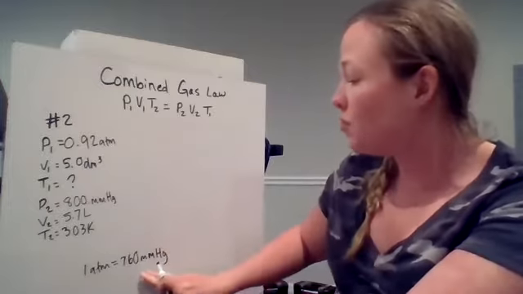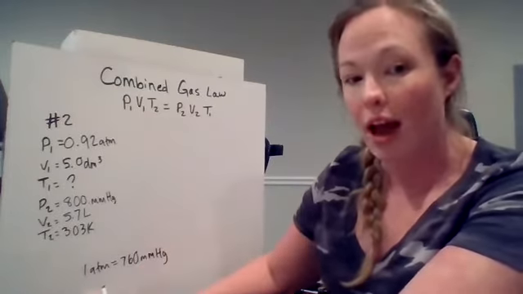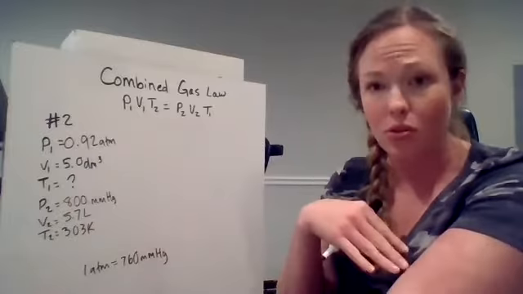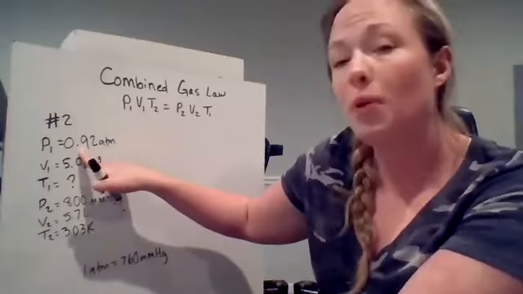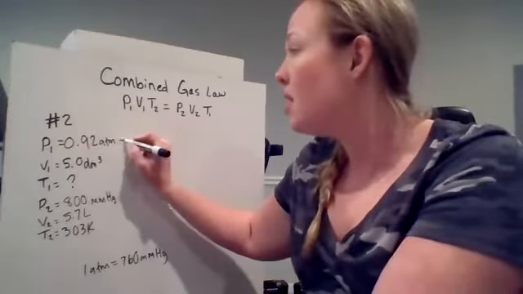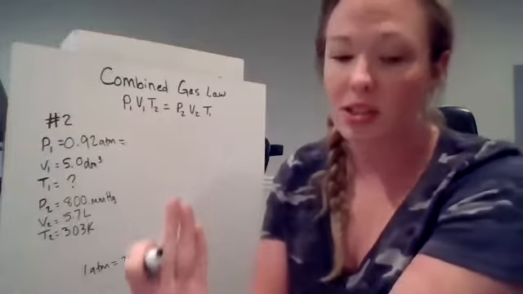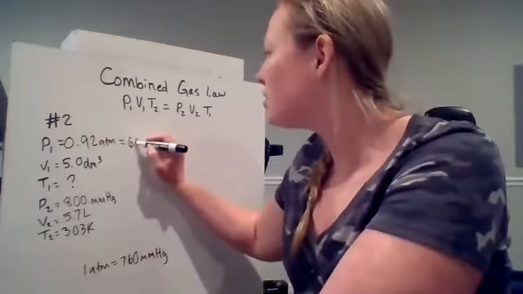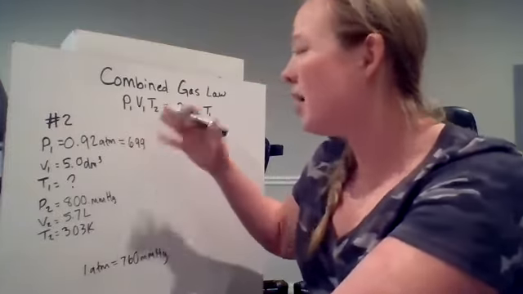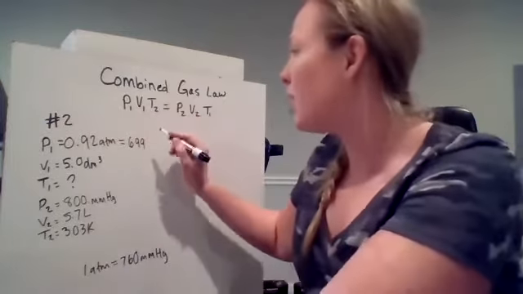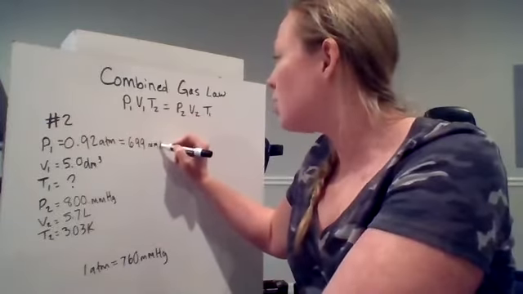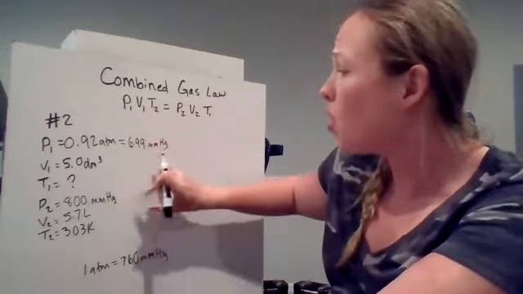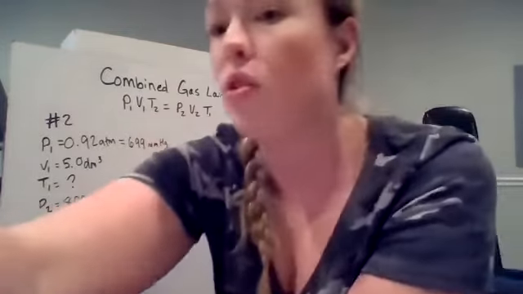So if I'm trying to get from atmospheres to millimeters of mercury, I simply multiply atmospheres by 760. So I'll multiply 0.92 by 760 in order to cancel atmospheres and get millimeters of mercury. And you should get 699.2, but I'm just going to round there, 699 millimeters Hg. Okay. So now our units of pressure are the same, so that's good.